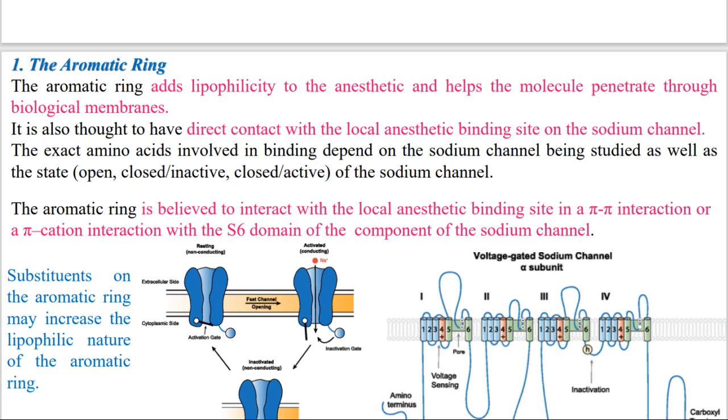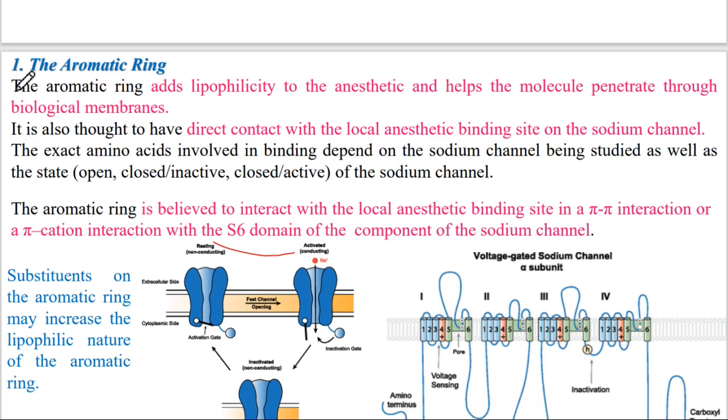It is also thought to have direct contact with the local anesthetic binding sites on the sodium channel. The aromatic ring is believed to interact with the local anesthetic binding sites by pi-pi interaction or pi-cation interaction with the S6 domain component of the sodium channel. Why? Because we know in the mechanism there is a blockade of the sodium channel, so the sodium channel is playing an important role here.